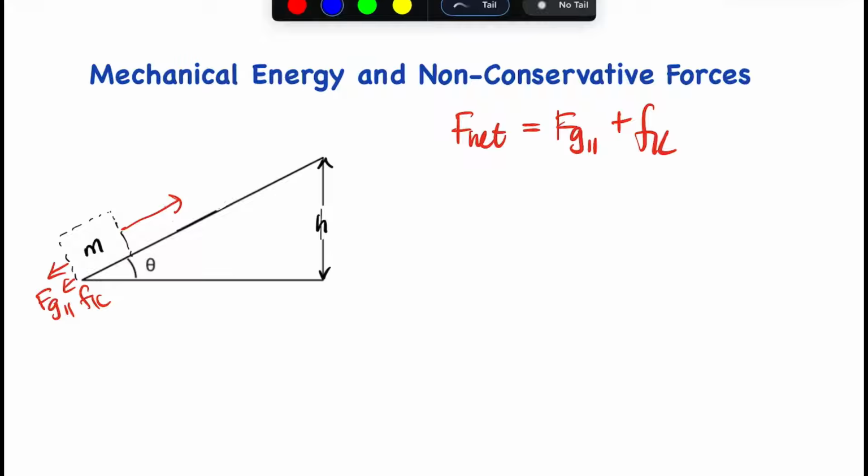Let's say we are taking this object up an incline. The object will end up there with that displacement. So the forces acting there are Fg parallel and Fk, a conservative and a non-conservative force.